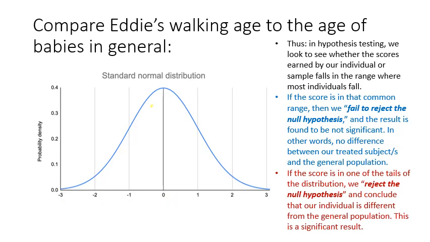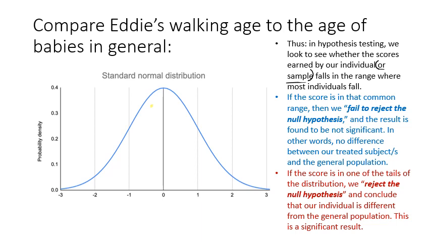So in hypothesis testing, what we do is we look to see whether the scores earned by our individual, I'm putting this in parentheses, don't worry about this word too much right now, falls in the range where most individuals fall. That's all we're looking for.